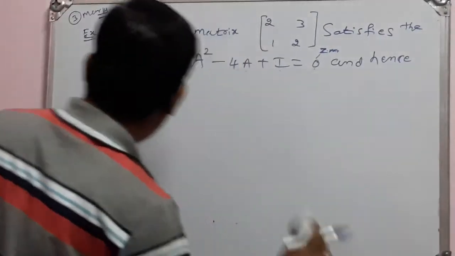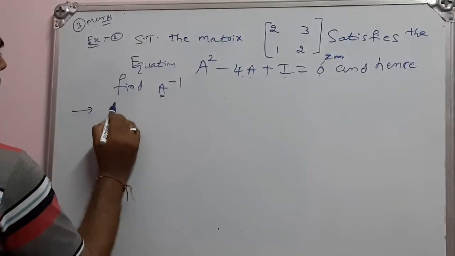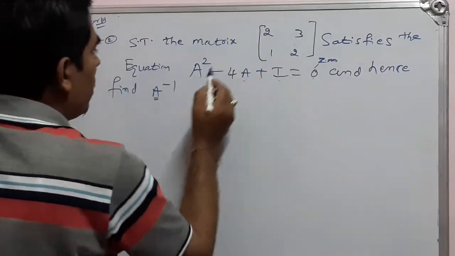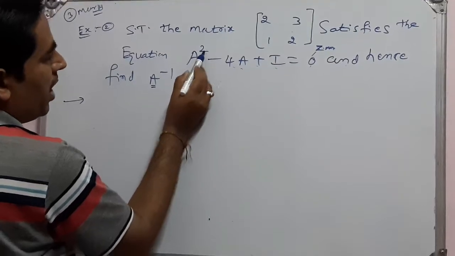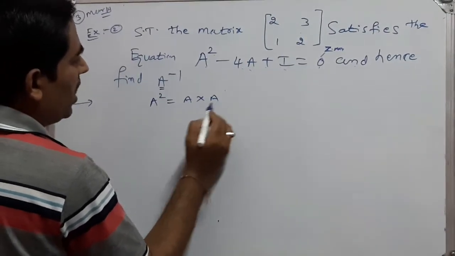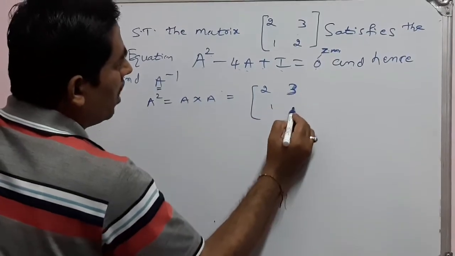Okay, let us do the solution here. Let us consider this as matrix A. The first term here is A square, that is A into A. So let me write that matrix here.